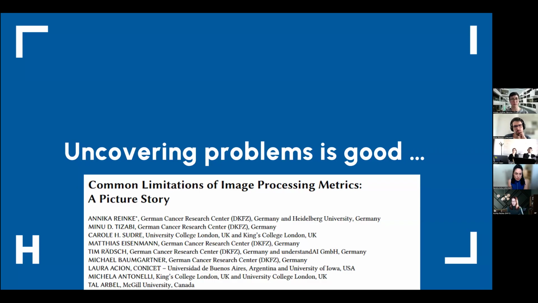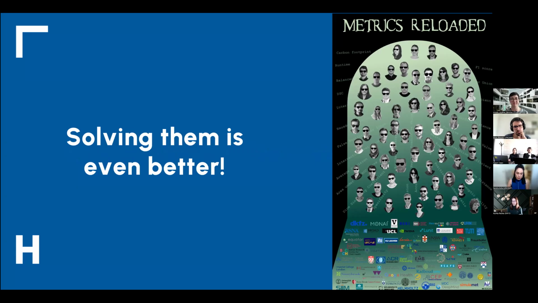I could talk about these problems and pitfalls for the whole webinar, but I don't want to bore you, of course. If you're interested, please feel free to check out this paper where we collected lots more of these pitfalls. But we wanted to solve this problem. And this is where we founded our Metrics Reloaded consortium with all these great experts from all over the world with different expertise.